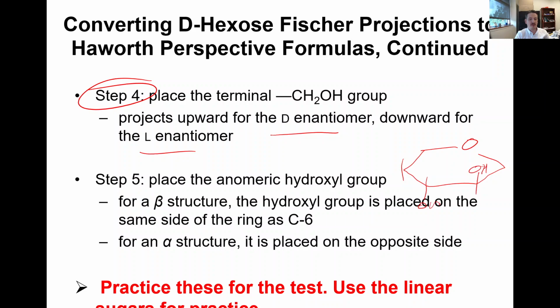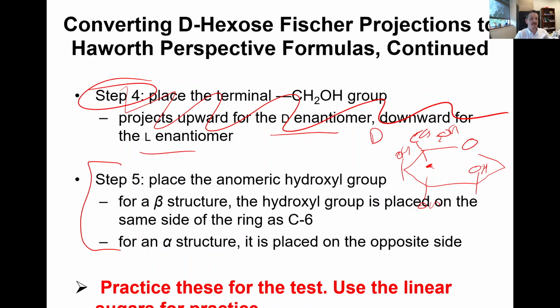Up for the D, down for the L. That's something you only have to do at the graduate level. With the undergraduate level, it's always going to be CH2OH in the D isomer. And then finally place the anomeric OH, which is going to be up for beta, down for alpha. And that's it, that's the structure.